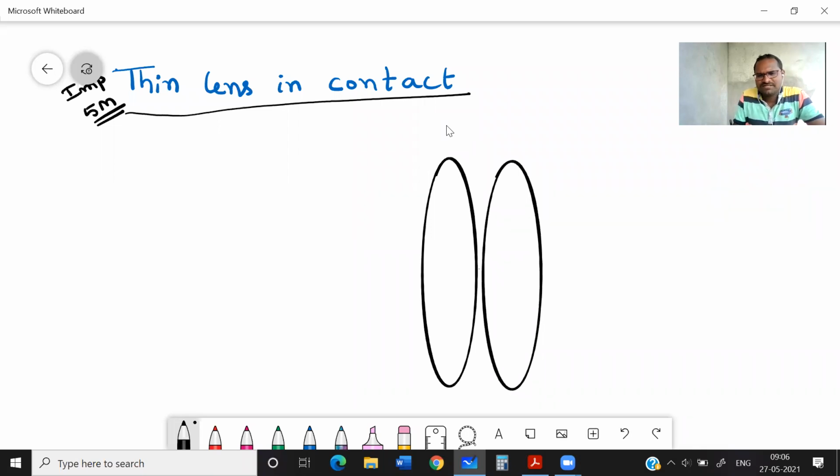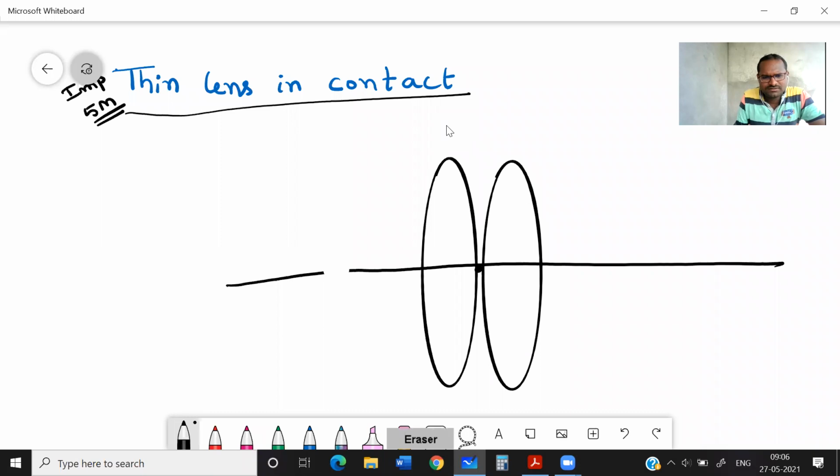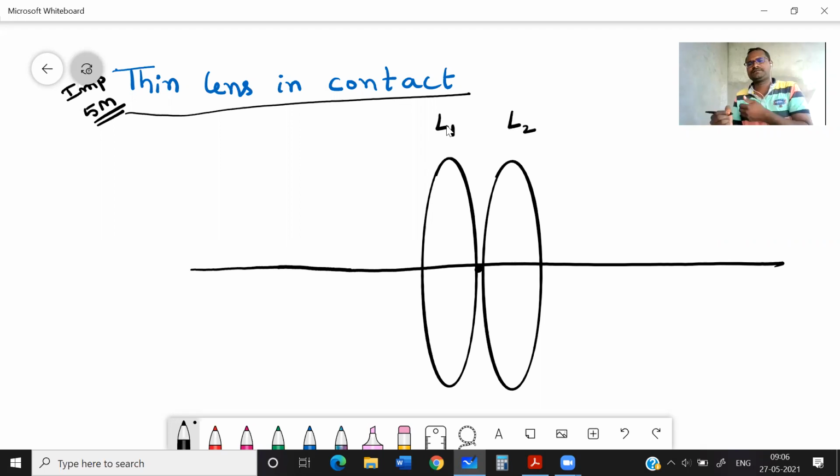Imagine they are in contact. Here the contact is there. And this is their principal axis. Now let us suppose this lens is L1 and this lens is L2.